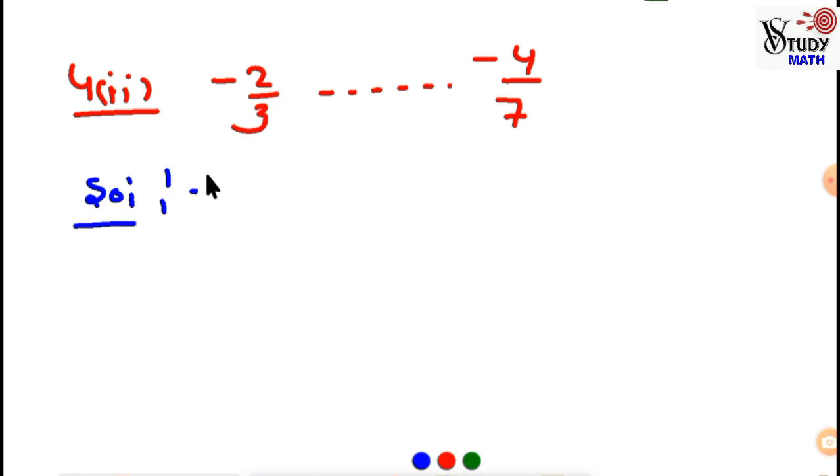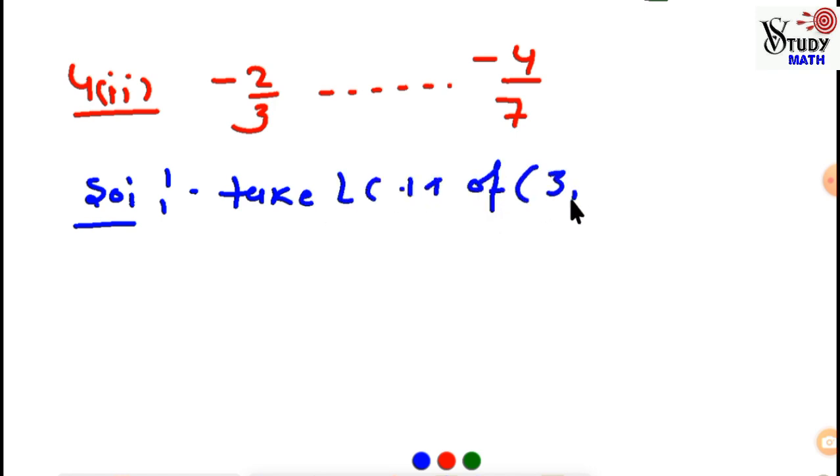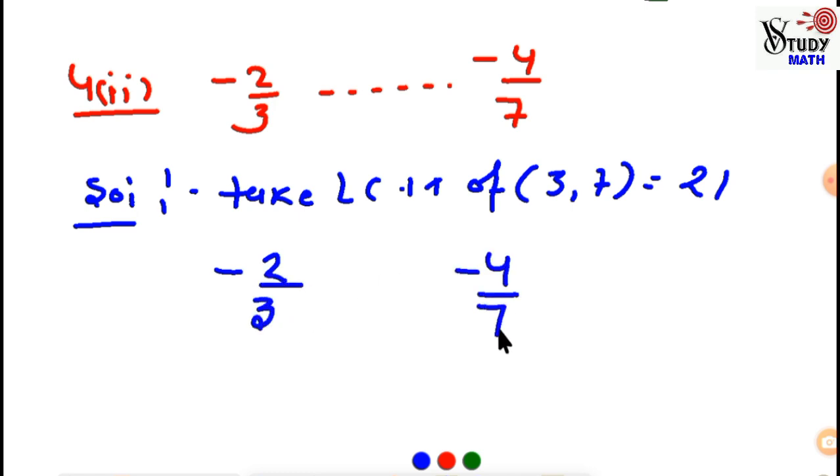First take the LCM of 3 and 7, that is 21. Now negative 2 by 3 is the first number, and the second number is negative 4 by 7. I have to convert this 3 into 21, so I multiply the denominator by 7, and therefore I also multiply the numerator by 7.